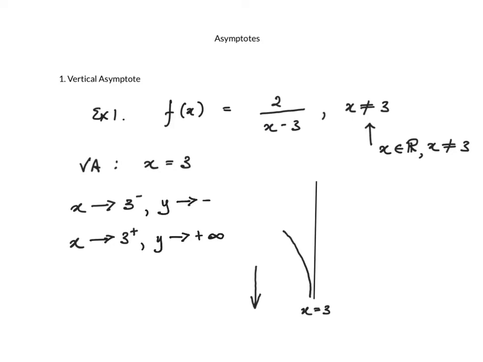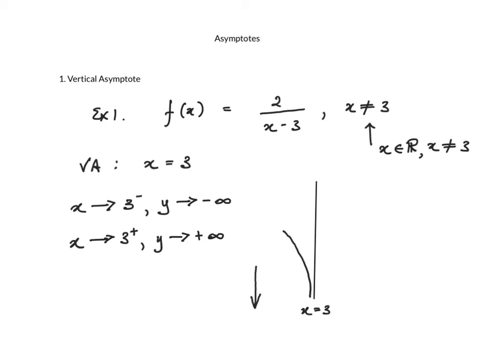Now if you don't believe me, take up your calculator and try a very simple calculation. So 2 divided by a very small positive value, 2 divided by 0.00008, and you get a very large positive value.